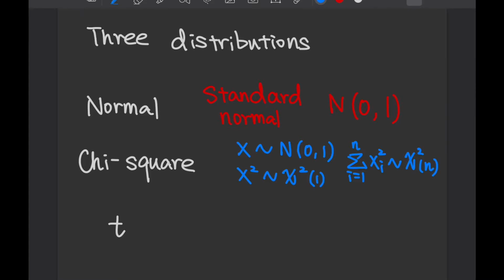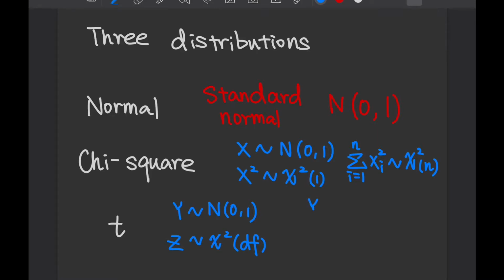Alright? As for the t-distribution, it is built upon the definition of standard normal and chi-square. Let's assume that there's a variable that follows a standard normal, and we call it y. Then there is another variable z that follows a chi-square distribution with a degree of freedom, let's call it df.